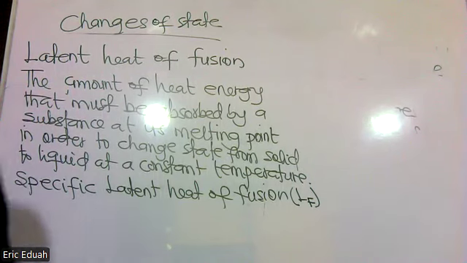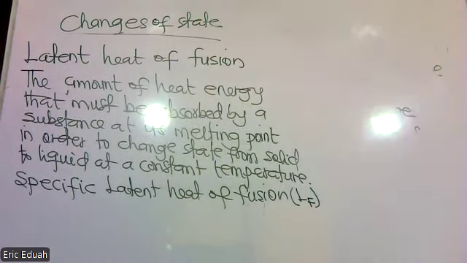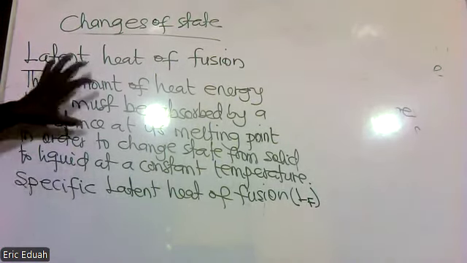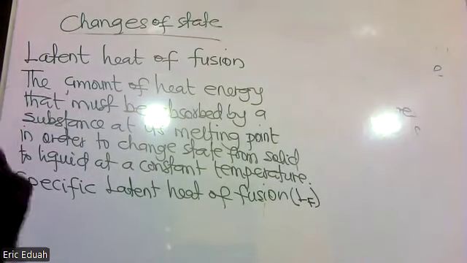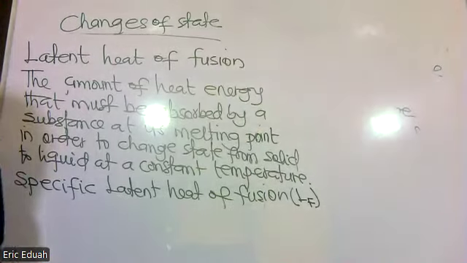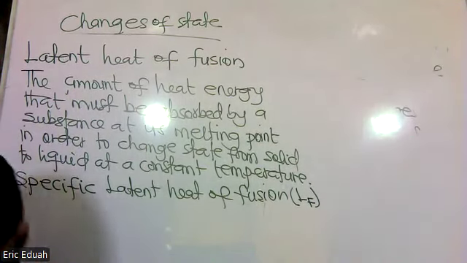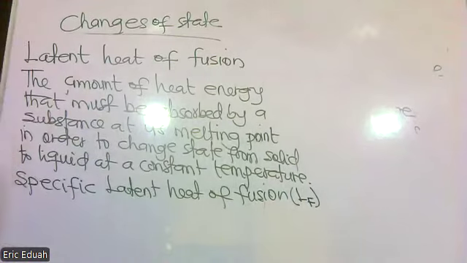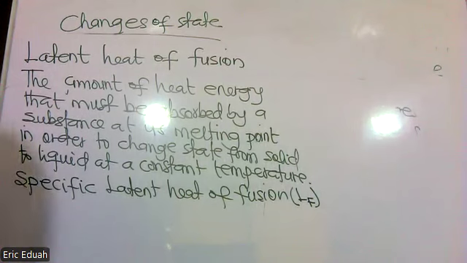So it's just similar to specific heat capacity. Heat capacity refers to the amount of heat energy that must be absorbed or liberated by a substance in order to raise its temperature by 1 degree Celsius or 1 Kelvin. Then specific heat capacity is the amount of heat energy that must be absorbed or liberated by 1 kilogram mass of a substance in order to raise its temperature by 1 degree Celsius or Kelvin.